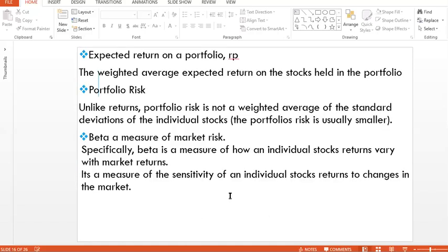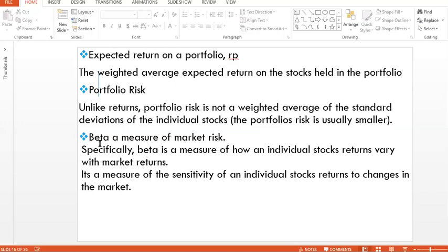Now, from a portfolio point of view, what is expected return? It is again the weighted average expected return on the stocks held in the portfolio. Whatever you have in your portfolio, you just take the weighted average of these returns, so you get the expected return on a portfolio.